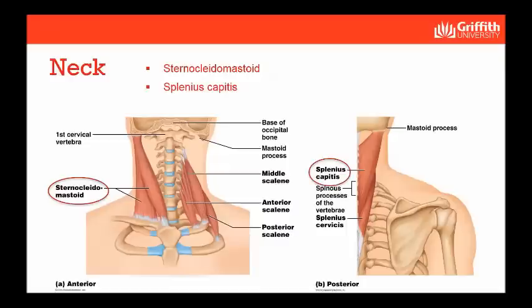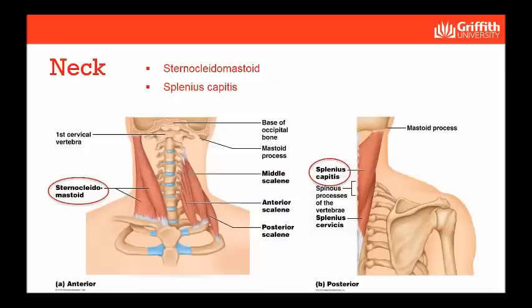The splenius capitis muscles are located in the posterior compartment of the neck. They originate on the spinous processes of the superior thoracic vertebrae and insert on the mastoid process of the temporal bone, deep to the sternocleidomastoid.